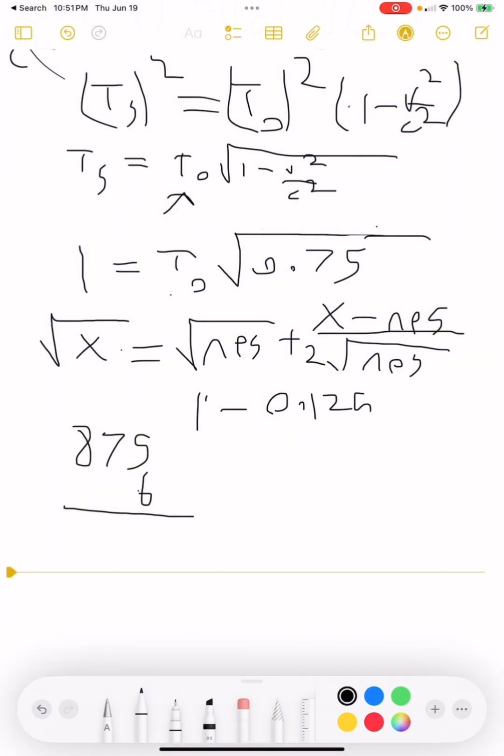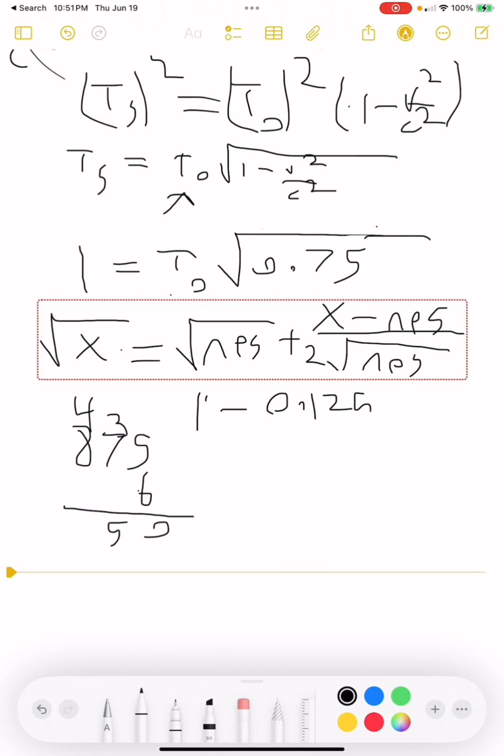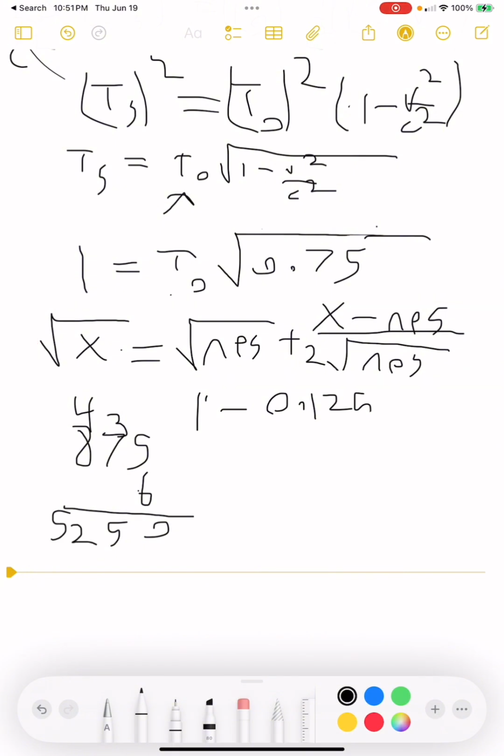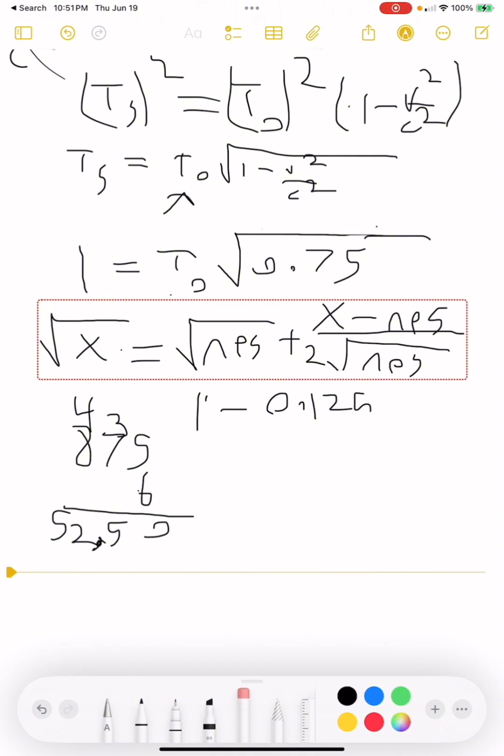So 30, this is 42, 45, alright, 48, so that's 52. Divide that by 100. So about 52.5 seconds.